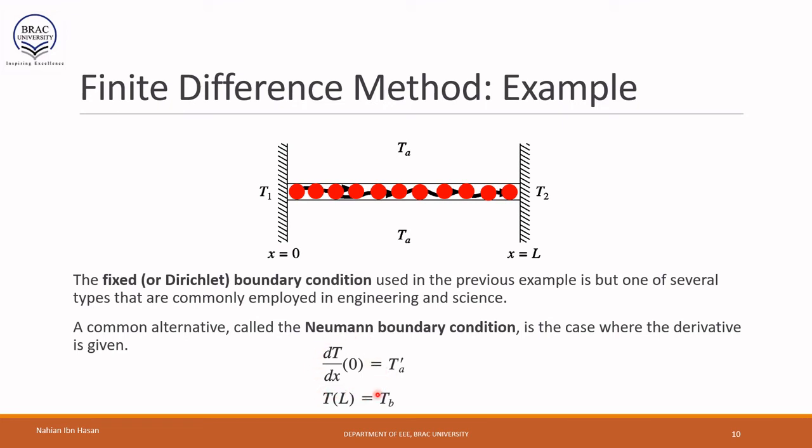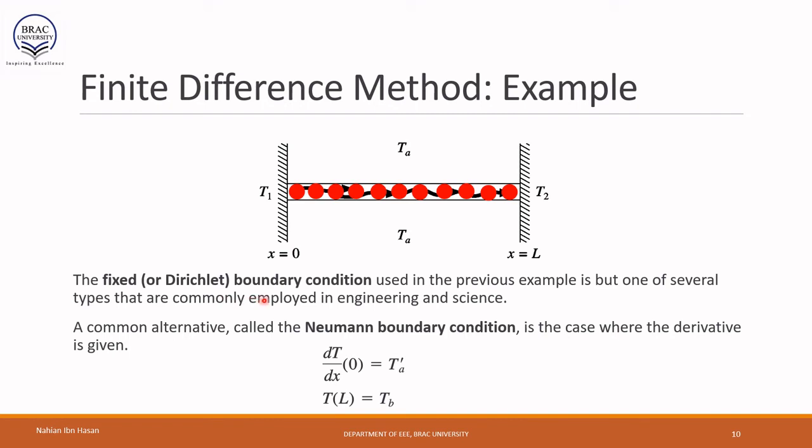So this is not a fixed boundary condition, rather it is a differential term of the temperature. That's why it is called a changing boundary condition, or its other name is Neumann boundary conditions. The previous one was Dirichlet boundary conditions, but now we have the Neumann boundary conditions.